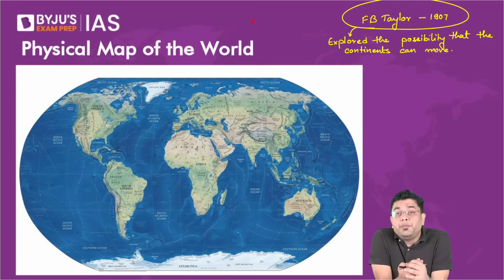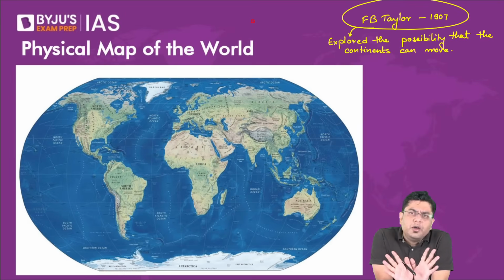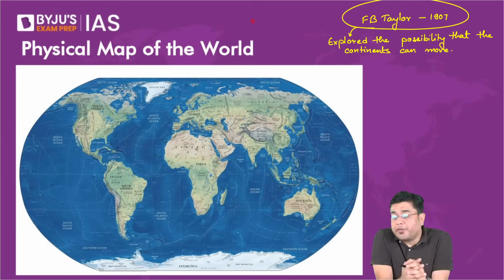F.B. Taylor did not have any kind of that study. So he was pretty much someone who simply postulated an idea and then disappeared. Even though his contributions in geography are numerous, one of them being that the continents could move, in this case he did not contribute any further.